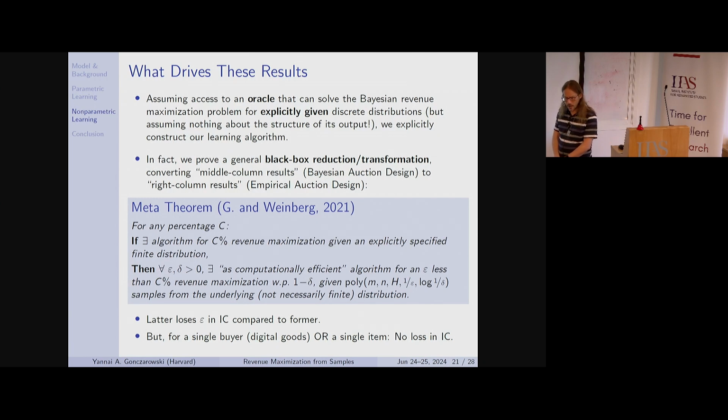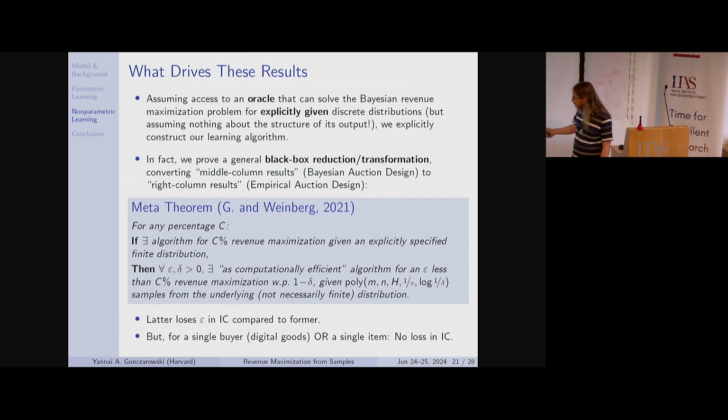So, Michal, to answer your question, the reason that I find the agnosticity to the structure a positive is that it gives us this kind of black box reduction that says, I don't care how this works, I'll give you this.